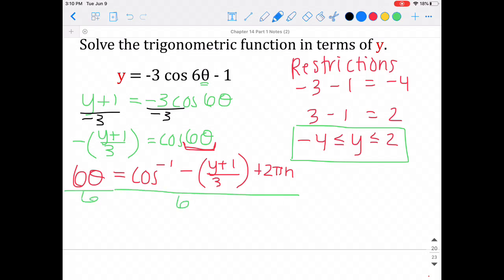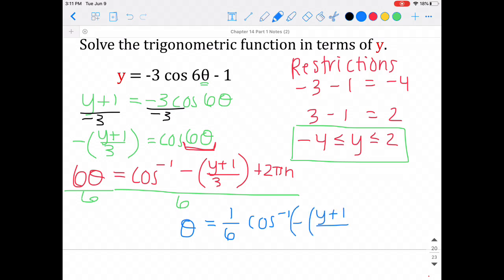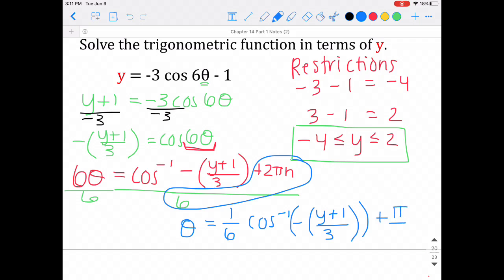And our equation that we're left with is theta equals, now another way to write this rather than keeping our fractions, you can write this as 1 over 6 times inverse cosine of negative (y plus 1) over 3, and notice this is going to simplify here when we divide by 6, plus pi over 3 n.